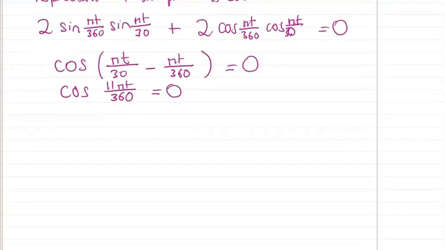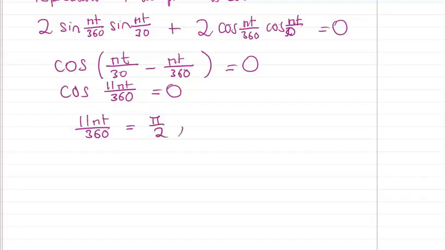So I've got 11 pi t on 360. It must be equal to pi on 2. There's no point doing minus pi on 2, but I could think about it that way, minus pi on 2 and plus pi on 2. Now add 2 pi to that, I get 3 pi on 2, I get 5 pi on 2, and so on. I have all the odd numbers of pi on 2.